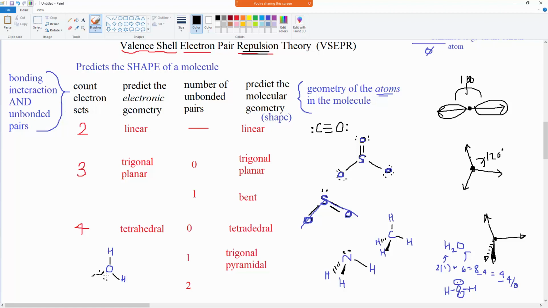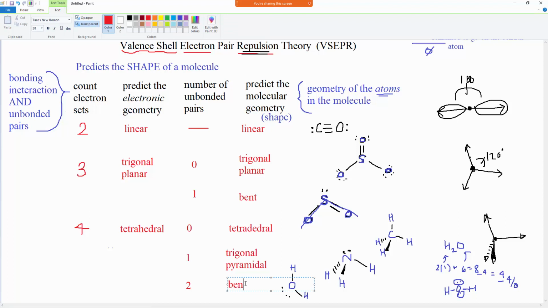So there's the dash, and here's the wedge. Now if I draw a wedge and a dash, it makes it look like there's a bond to the lone pairs. So it's not common to do that. Again, we're just going to put the dots there. But then you end up, hopefully you can see it, with a structure like this, and we call that bent.